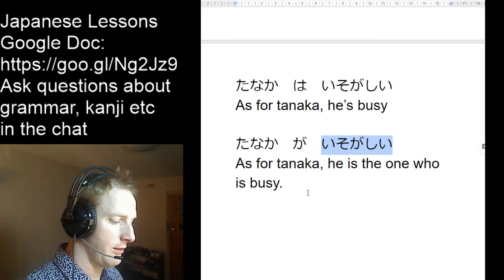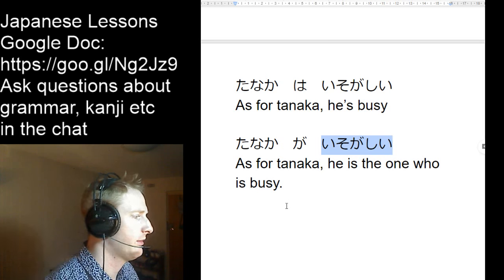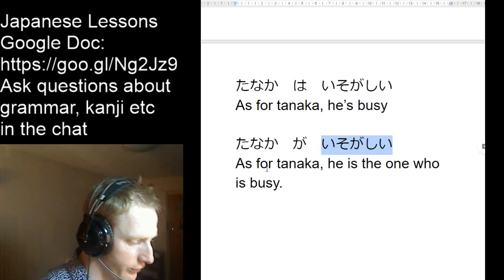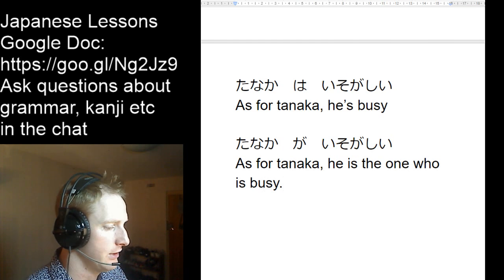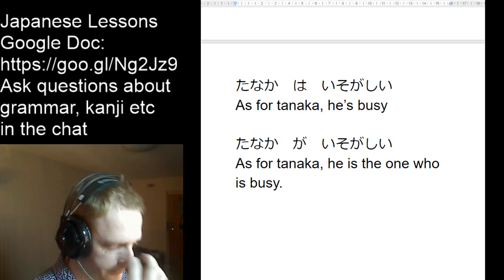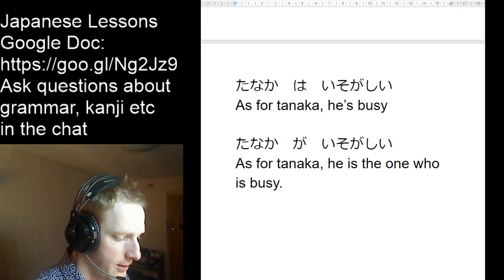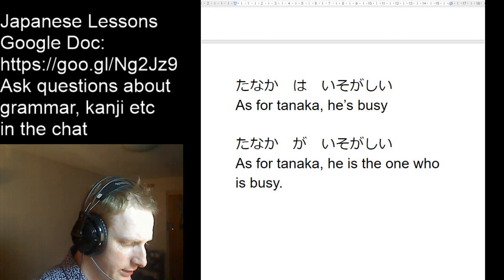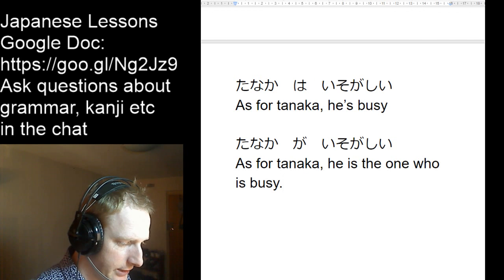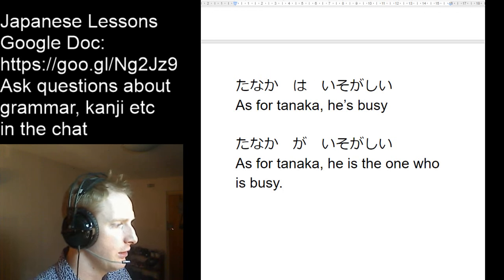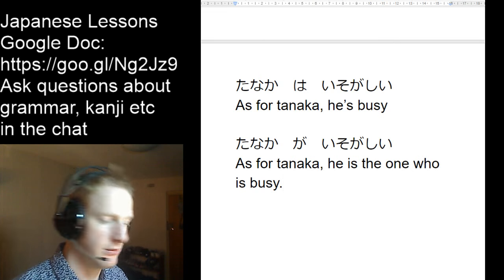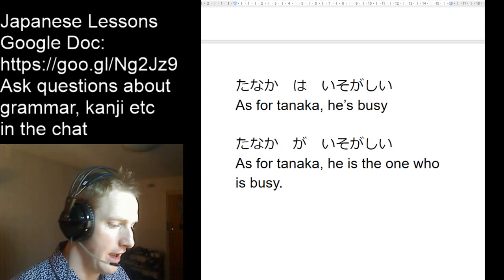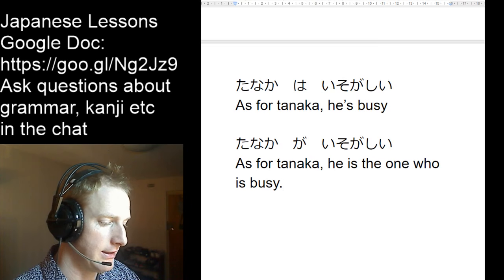All right, so that's a basic translation, just a review more than anything of what our ga particle can do. Okay, so I want to change it up a little bit, and we're going to move away from these basic grammar things and look at counting in Japanese.